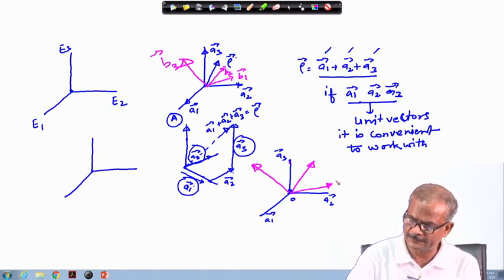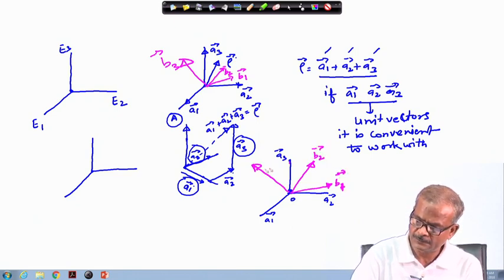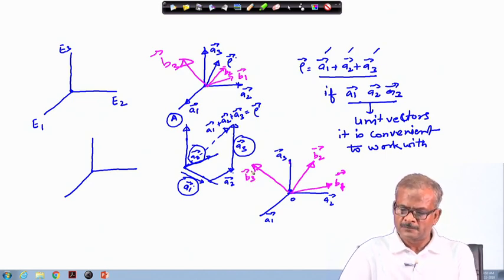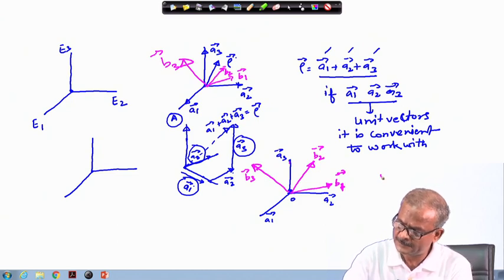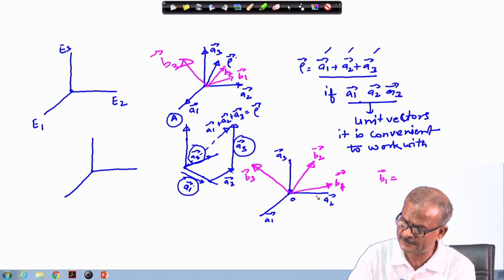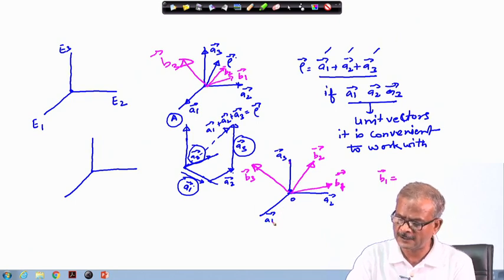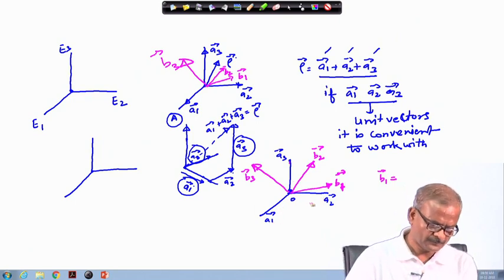Okay, this is the rotated frame, and the rotated frame we are showing by B 1, B 2 and B 3. Okay. So, as per the description here, any vector rho can be represented in terms of the 3 components. So, here it indicates that B 1 can be written in terms of the components A 1, A 2 and A 3, or either the vectors along this direction.